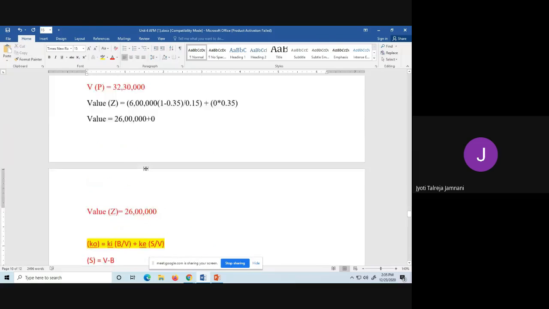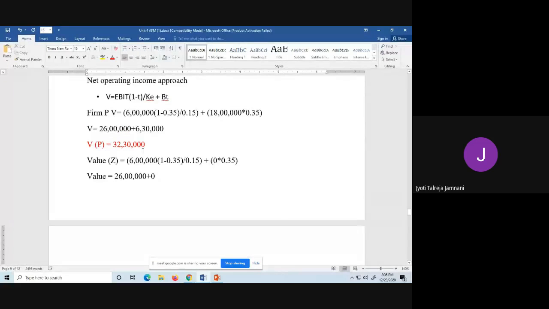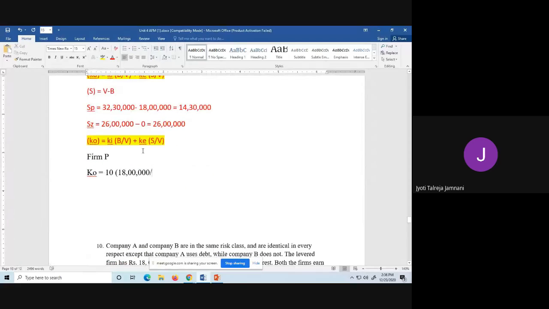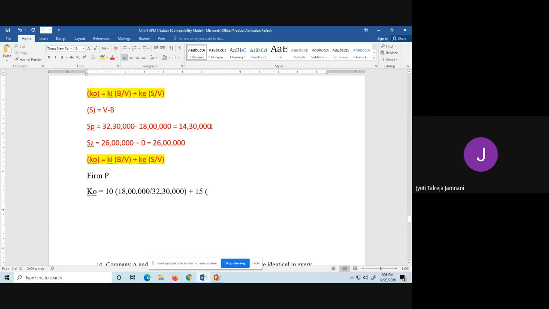For firm P, the value of the firm is 32 lakh 30,000. So we'll take 32 lakh 30,000. This will be the weightage of debt, and we multiply it with cost of debt plus cost of equity, which is 15%, into the weightage of equity. For firm P, the value of equity is 14 lakh 30,000. So we'll take that.